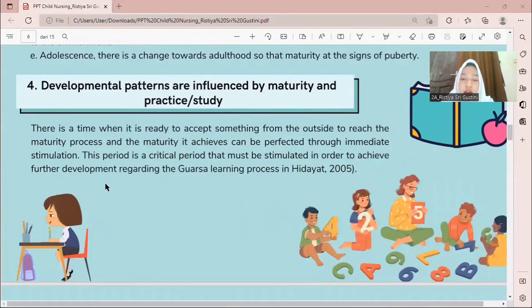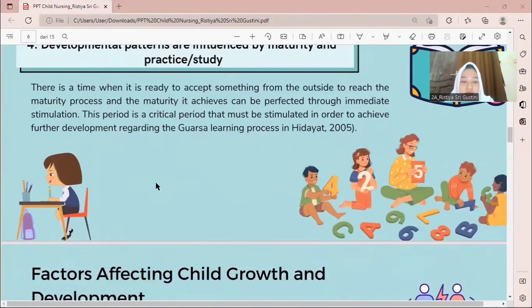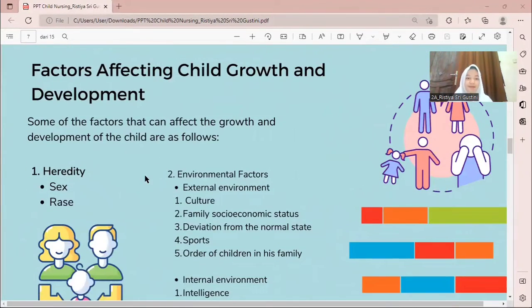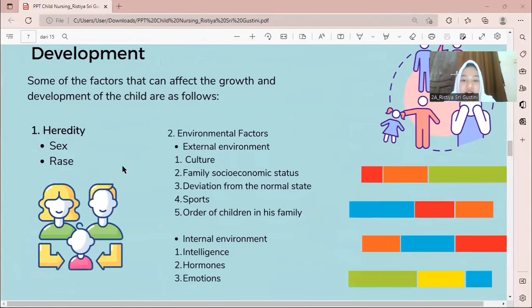I will discuss the factors that influence the growth and development of children. Can you see the screen? There are two things that affect growth and development, namely the environmental factor and the heredity factor.